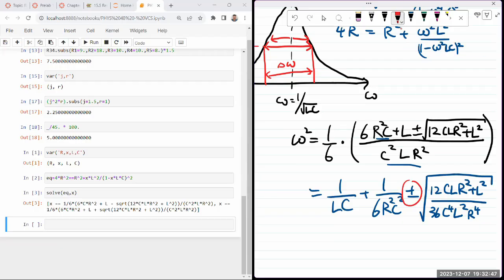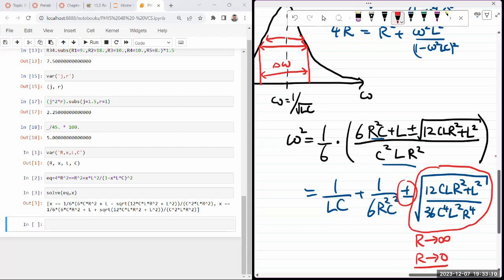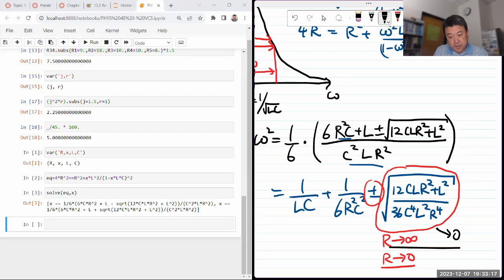And as you look at this expression here, see how it behaves as R goes to infinity or as R goes to 0. Those are two limiting behaviors that are useful to look at. This whole combination of quantities goes to 0 as R goes to infinity, because you have this R to the 4th power in the denominator that overwhelms everything there.